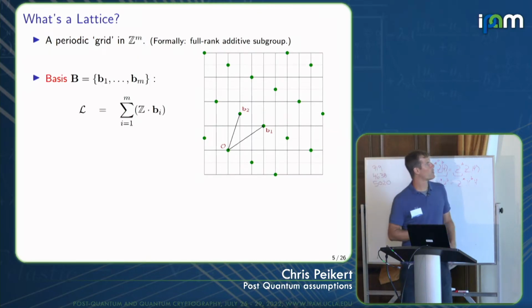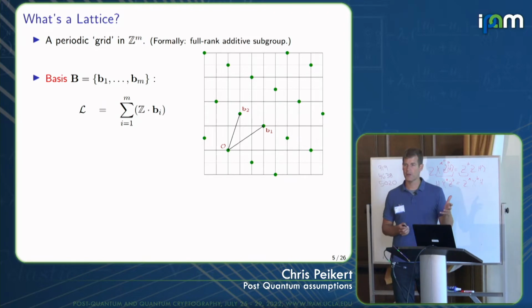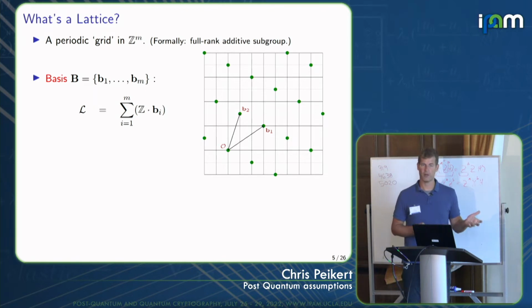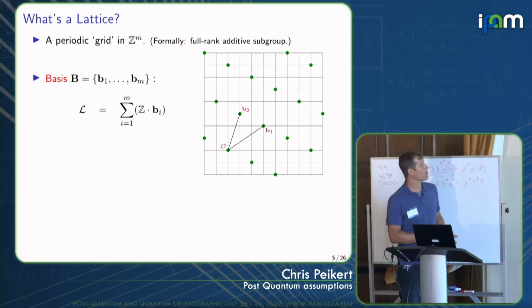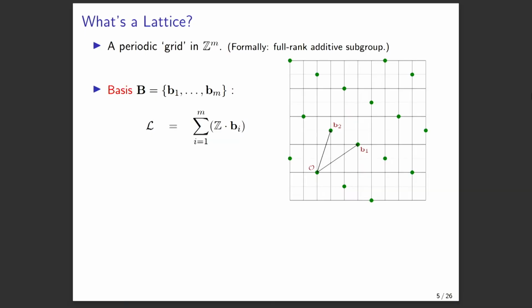Okay, so a lattice is an infinite object, but it can be represented finitely by what's called a basis. So a basis is just a full rank generating set of vectors. So it's a set of vectors that are linearly independent, which generate all the lattice points as the integer linear combinations. Okay, so if you take b1 and b2, and you take any integer combination of them, like b1 plus b2, you'll end up with a lattice point.